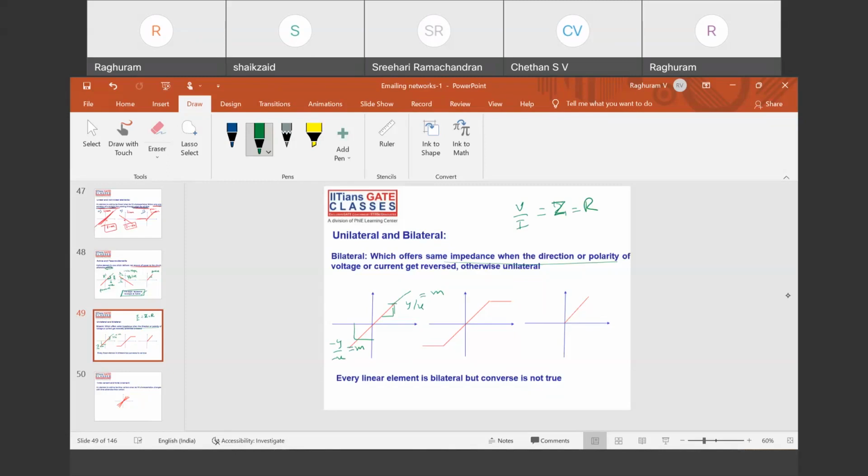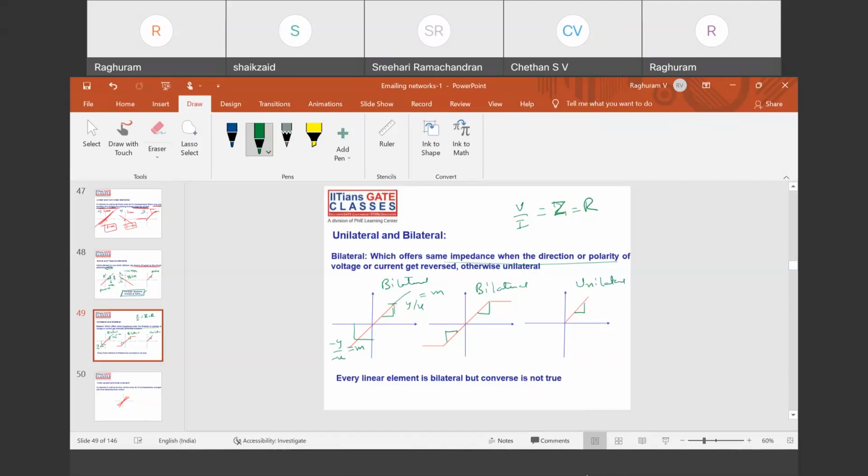When the slope is the same, even if the direction of polarity of voltage or current gets reversed, it is called bilateral, otherwise it is unilateral. Same here also, the slope is same, so this is bilateral. This is unilateral. There is slope here, there is no slope, so unilateral.